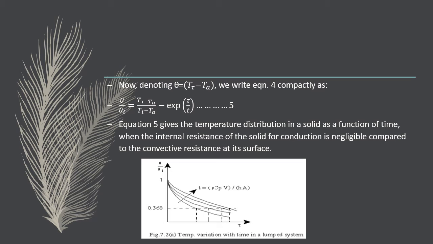Different readings at different times are taken, the first is T1, T2, T3, T4. With the temperature increase, the curve is also increased. Here is a common point, 0.368, which is present in all the intervals.